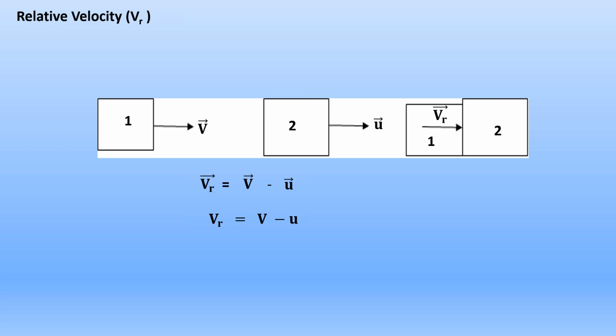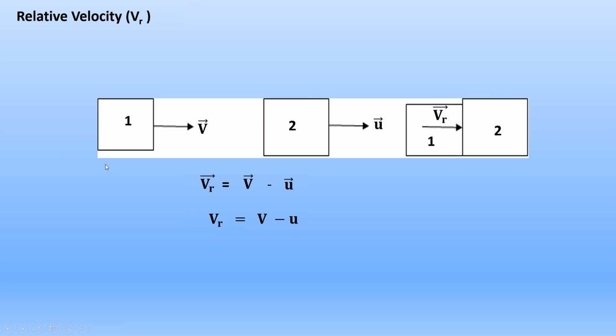But in one special condition, if all the velocities v bar, u bar and vr bar are in the same direction, then this vector subtraction simplifies as vr is equal to v minus u.